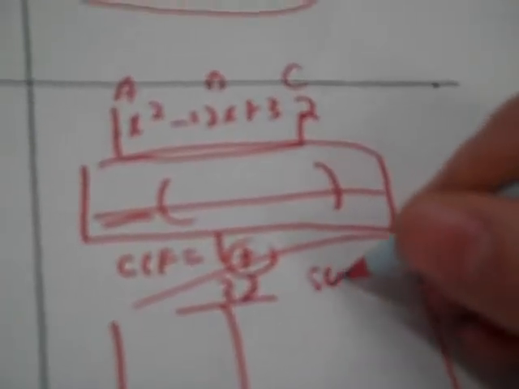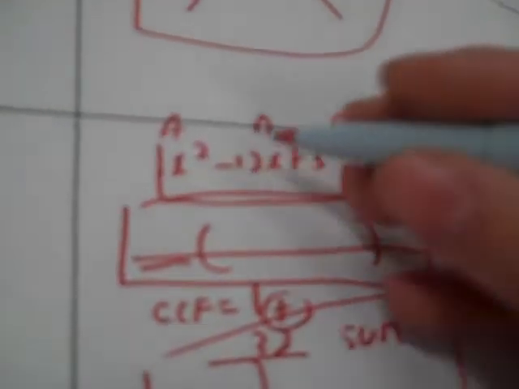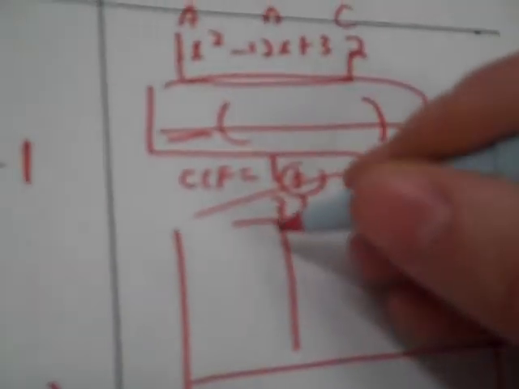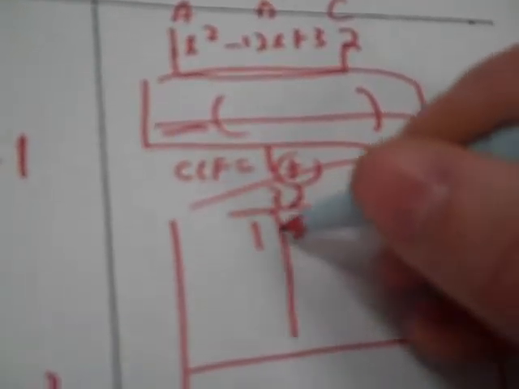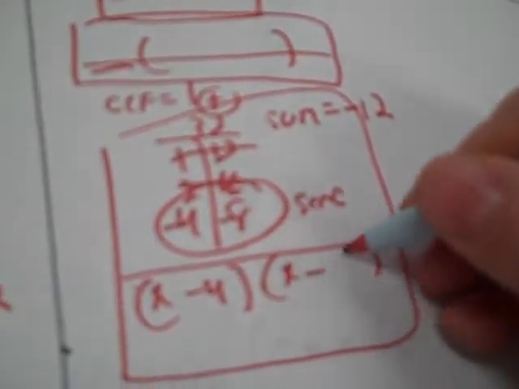So I'd be looking at a sum of 12, 12 being negative like it is. Nope. Nope, 3 is a decimal, 4 and 8, bingo. 12's negative, so 8's negative. And we have a positive product, so they have to be the same sign. So negative, negative. Now, a is 1x to the second, so that means it's just x times x. And we've got x minus 4 times x minus 8.